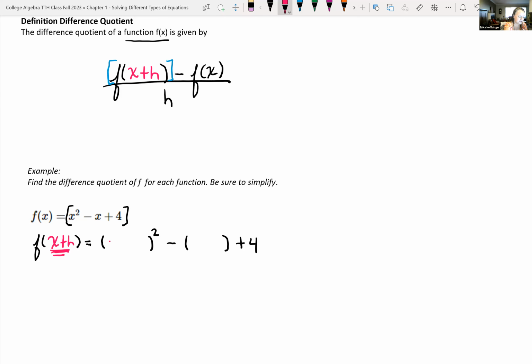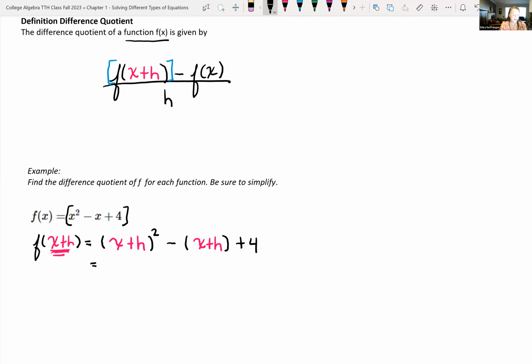So the pirate's treasure is x plus h. He's going to drop it inside the hole. And so that's a little trick. Maybe that little story will help you when you're evaluating functions at particular numbers or expressions.